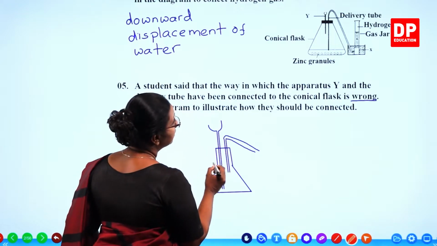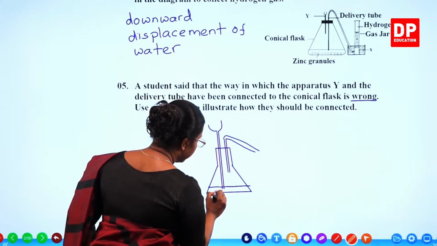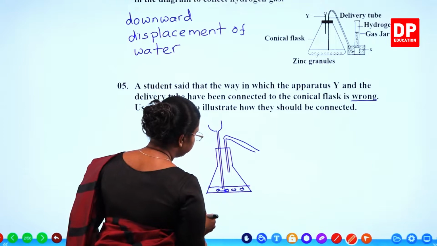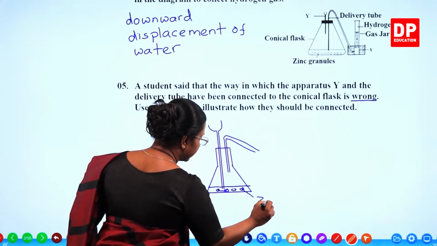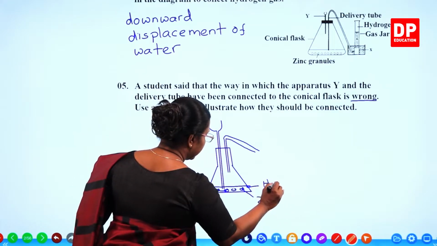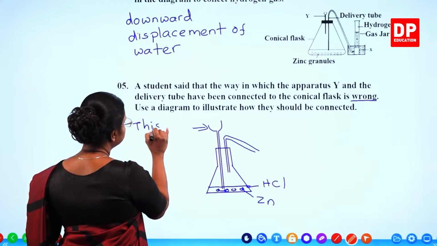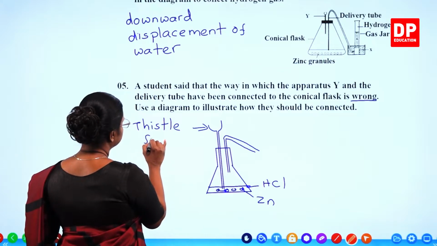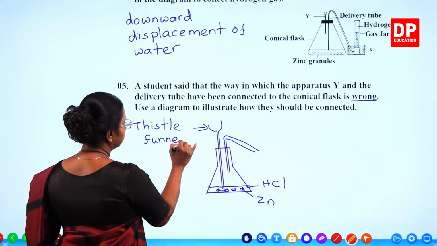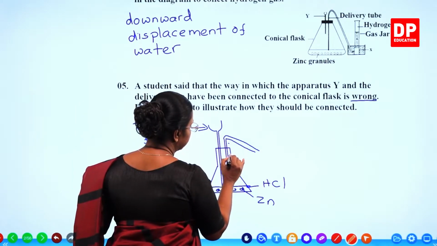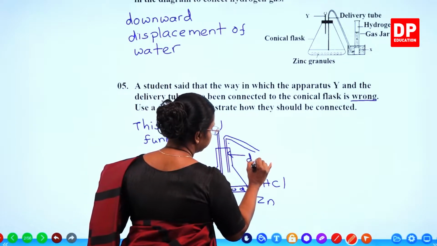So here, this is the acid. You have the zinc granules here. So that zinc, then that is HCl. This is the thistle funnel. And that is the delivery tube.